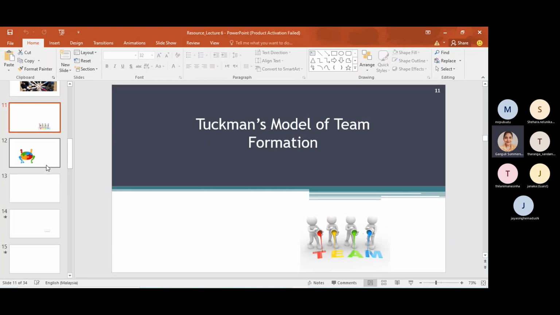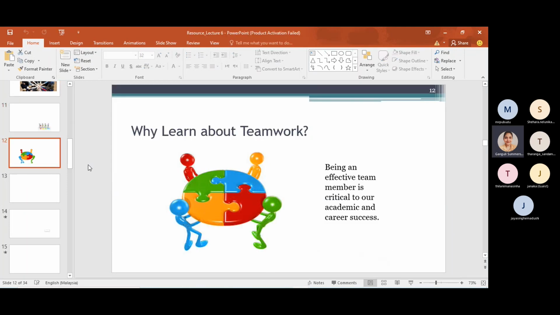Tuckman's model of team formation. Before we move on to Tuckman's theory, why should we learn about teamwork? Because teamwork is something that all of us need to do in our academic life and in our professional life as well.